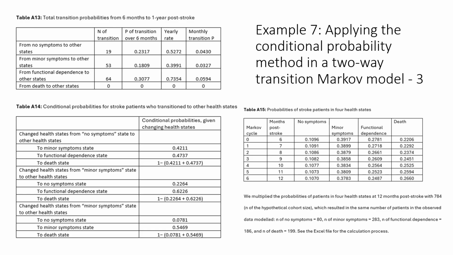Let us assume that transition rates are constant over 6 months, from 6 months to 12 months, for all transitions, and use monthly cycles for 6 cycles of the Markov model.